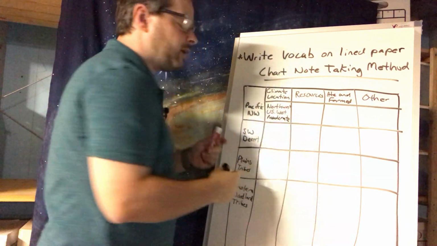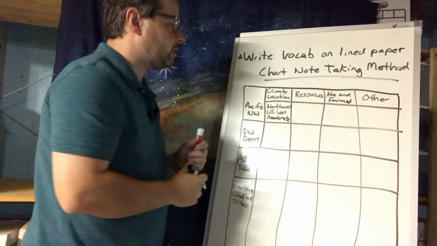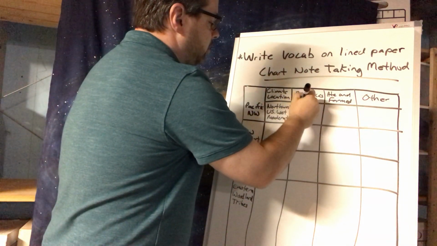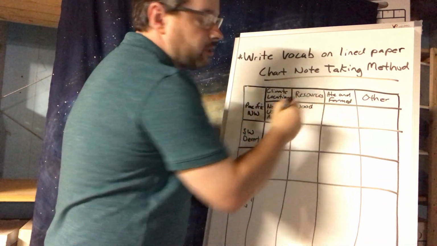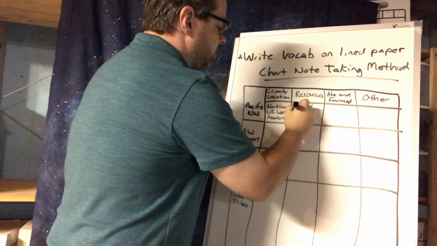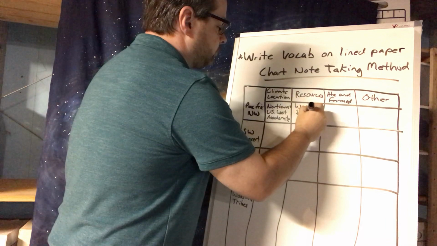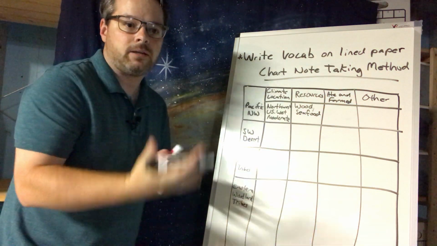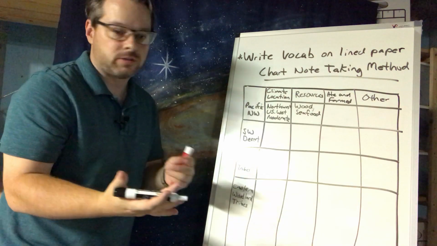Wet and moderate, kind of similar to what we have sometimes, okay. Some of the resources were wood, lots and lots of trees and forests, and seafood. Those were their main resources, and the slides will explain how they were used.